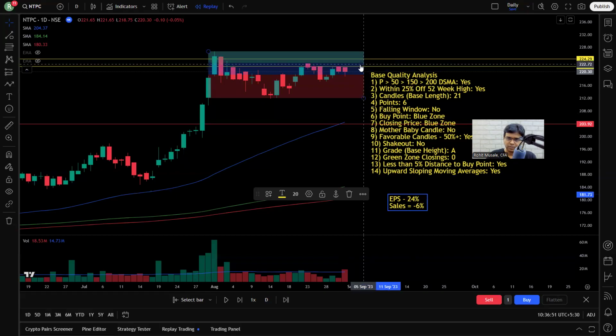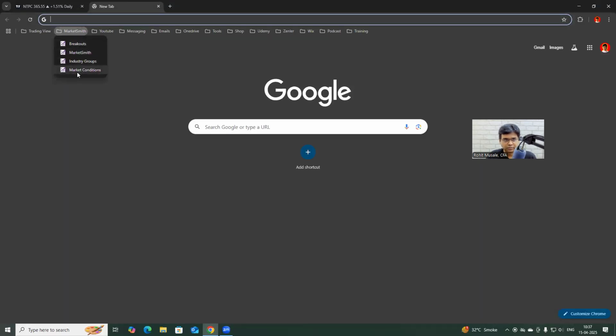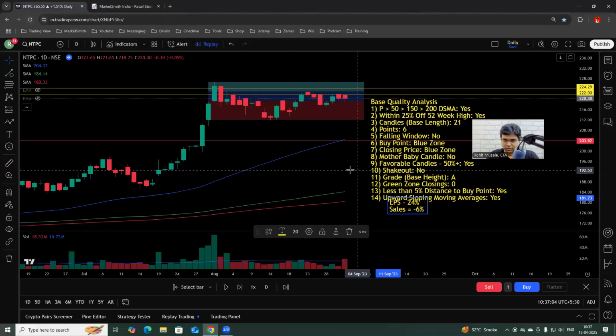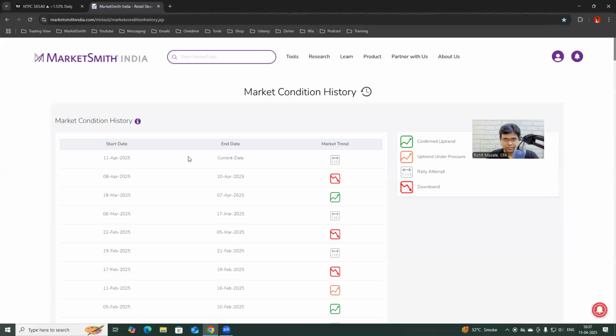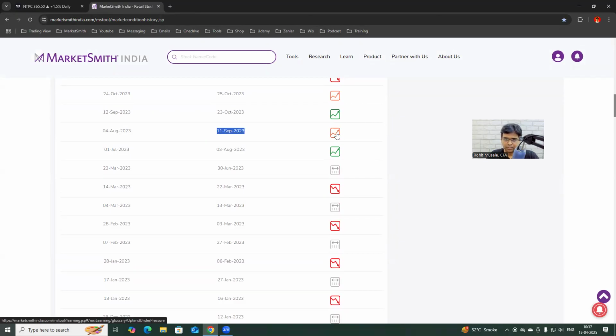And during this period, the market was, just a second, this is August 2023. So let's go to market conditions. So this is like 31 August 2023. Let's go down. So here, 4th August till 11 September, it was uptrend under pressure.